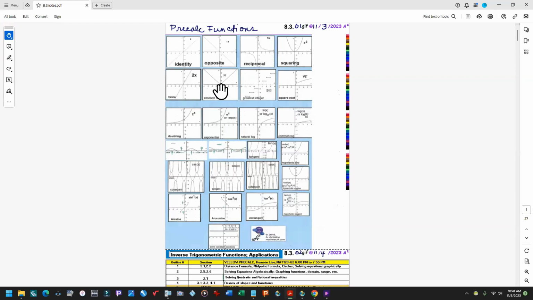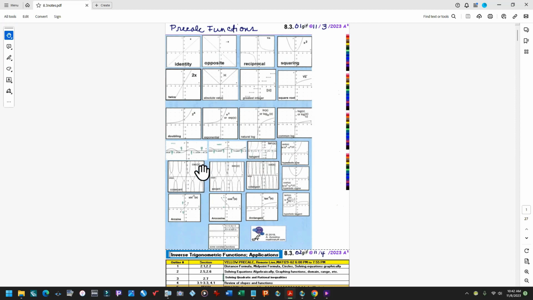We've already done the basic ones: identity, opposite, reciprocal, squaring, square root, and the more exotic, greatest integer. Then we got into polynomials and rationals. Then we did the exponentials and logs. Now we've already just completed graphing the sine, cosine, and tangent, and also their reciprocals.